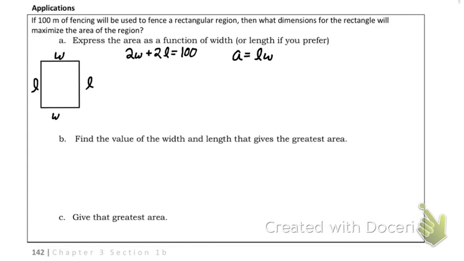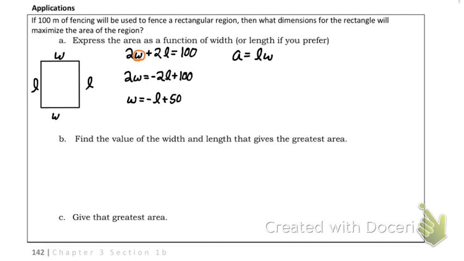Or I can have W equals something, and then I'm going to plug that in for that W. I'm going to pick W. I don't care. It'll be the same if you pick L. We'll get the same exact answer. So I'm going to pick W, and I'm going to solve for it. That means I'm going to use the 2L and move it to the other side. So I'm going to have 2W equals negative 2L plus 100. Then we're going to divide everything by 2, and we're going to have W equals negative L plus 50.